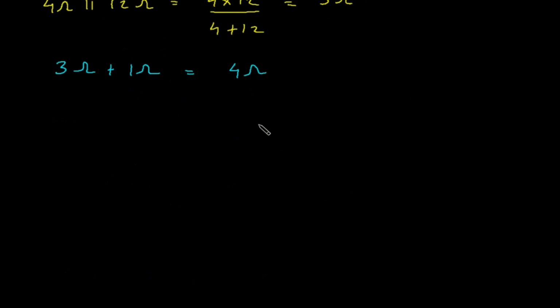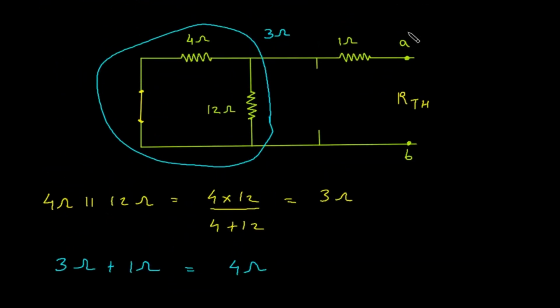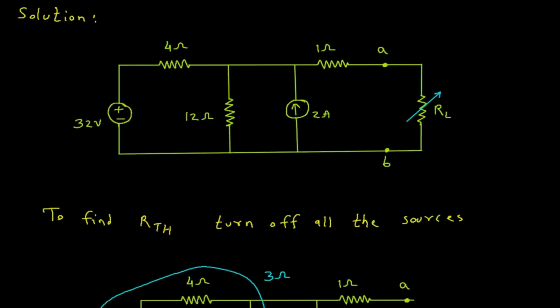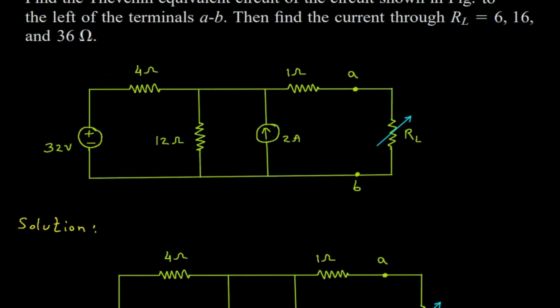So RTH is 4 ohm. This is RTH, 4 ohm. This is terminal A, B. Next we have to find VTH.